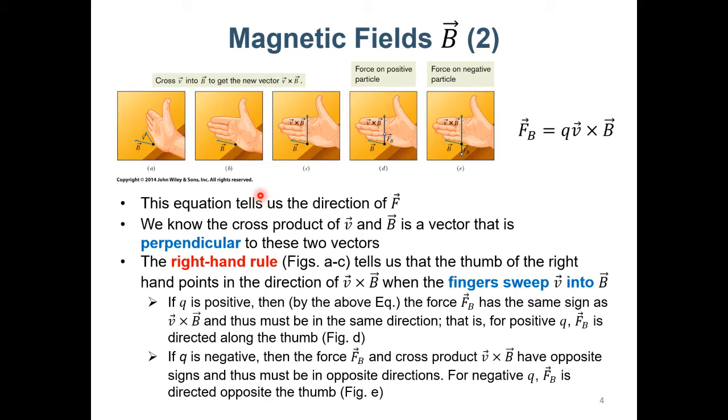You should guarantee this angle is less than 180 degrees so that this is correct. And then make sure you use your right hand, because we always use the right hand rule. Don't use your left hand and get the result with a negative sign. Then it will be wrong in this course.